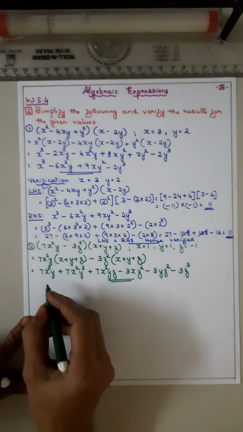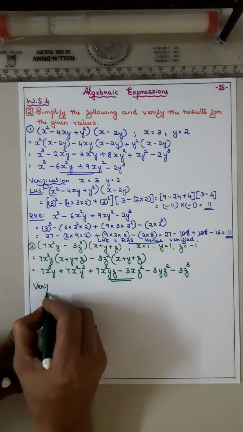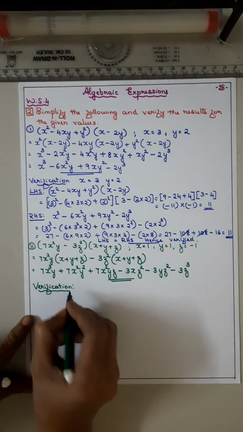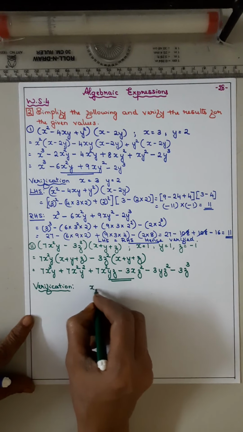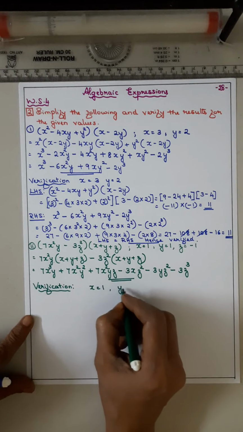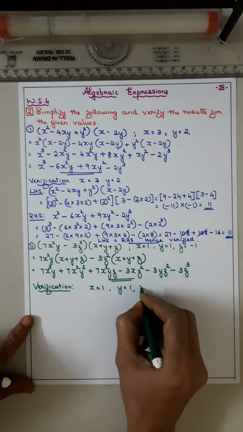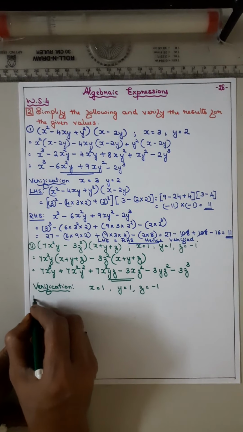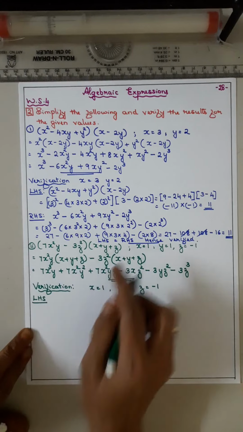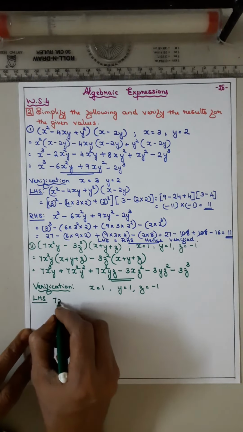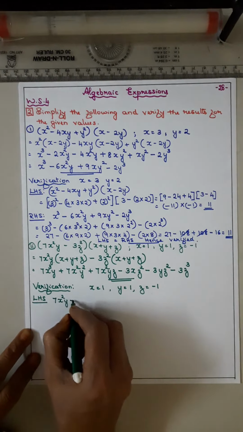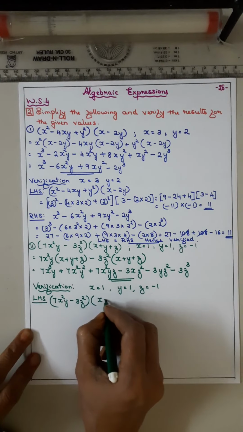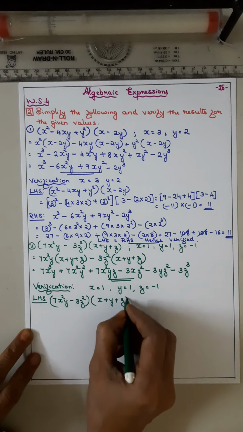Now coming to the verification. It is x is equal to 1, y is equal to 1 and z is equal to minus 1. Now you will write LHS, that is the question, that is 7x squared y minus 3z squared and x plus y plus z.